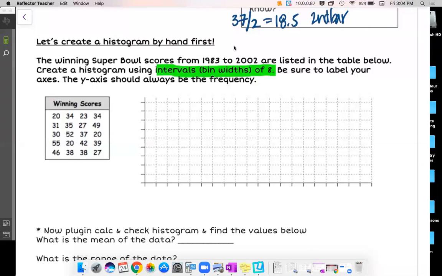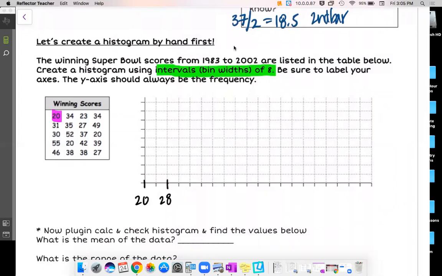Okay, so let's just start with labeling. The first thing we do down here is we find the smallest value in our data set. It looks like the smallest value is going to be 20. So that is what we're going to start with on our x-axis. The smallest value is 20, and then we want our bin width to be 8. So that means every new line is going to be 8 more.